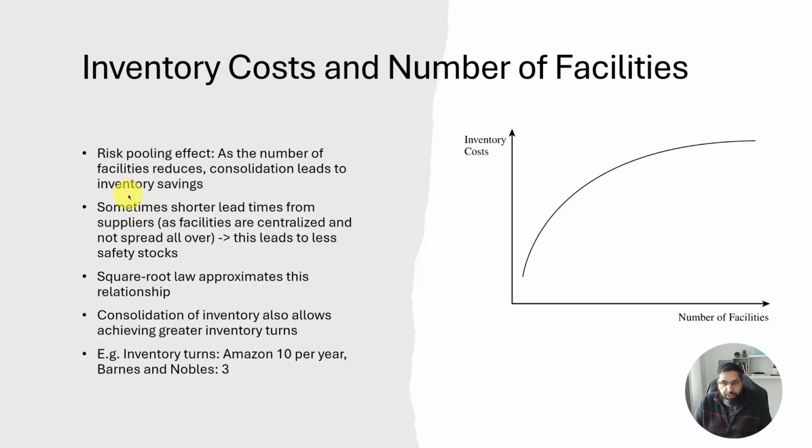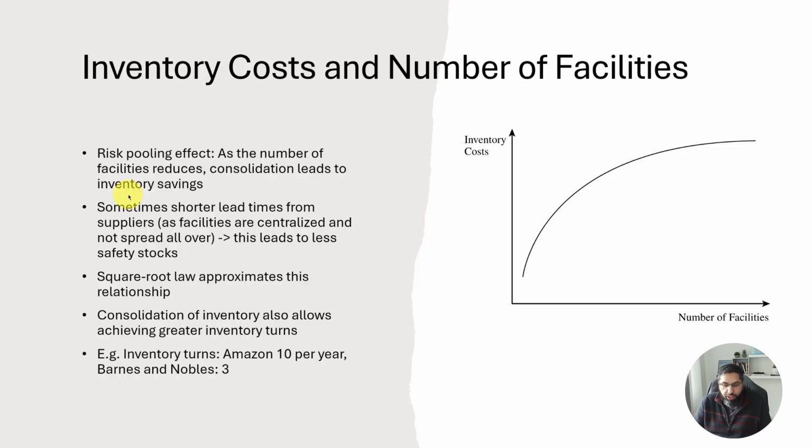So every location where you want the item to be available needs to have at least 1 unit of that SKU or product. So if you have 50 regional distribution centers, you need at least 50 units in them. Whereas if it's a very slow selling SKU, the annual demand may be only 20. But because you want to store this SKU in every single location, you need at least 50 of them.